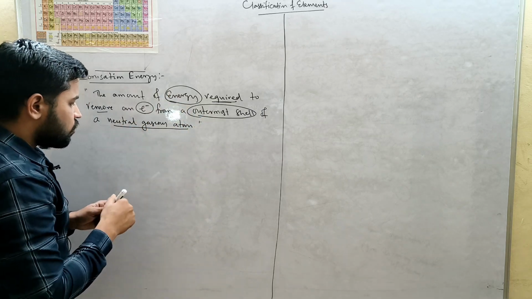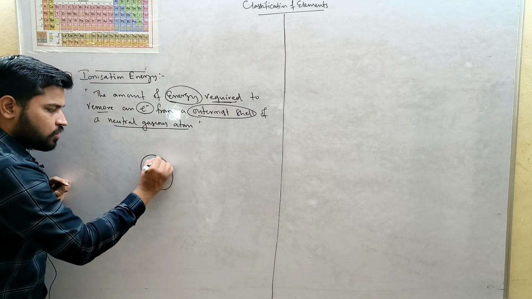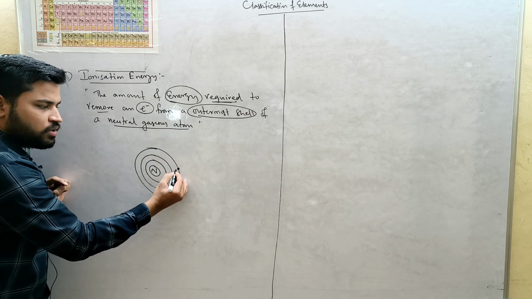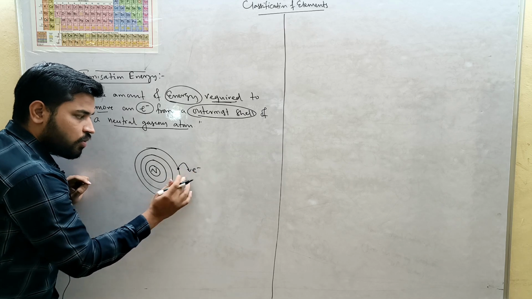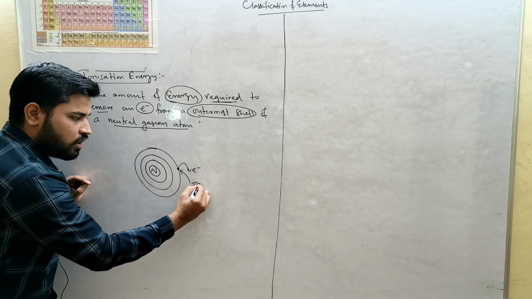So if this is the nucleus, there are a number of shells. Let's consider this is the outermost shell. To remove one electron from this outermost shell, we have to give ionization energy.